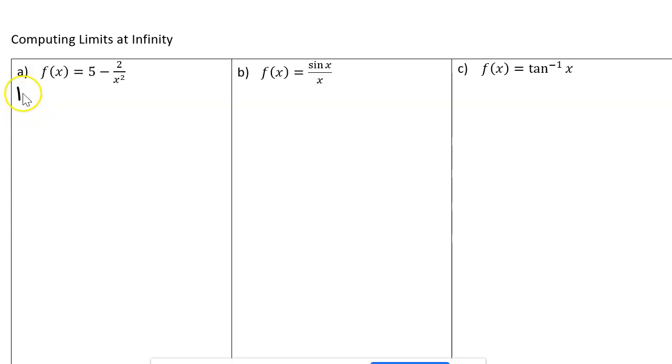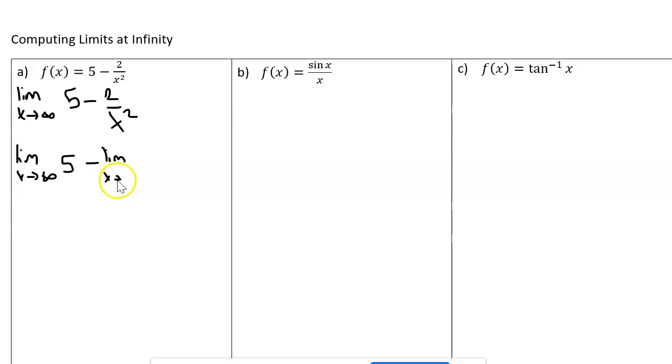For the first function, the limit as x approaches infinity of 5 minus 2 over x squared can be broken apart using the limit laws. So we can do the limit as x approaches infinity of 5 minus the limit as x approaches infinity of 2 over x squared.